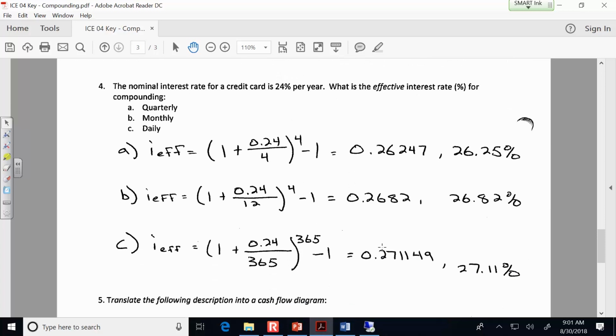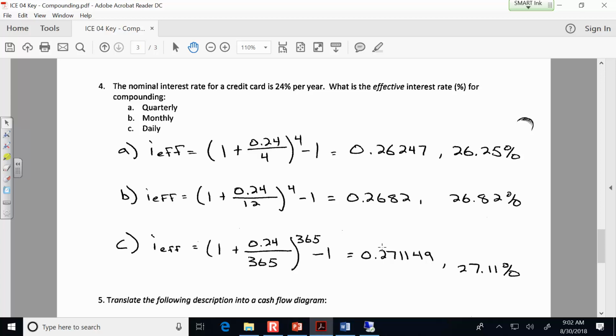All right, so if we've got 24% per year, and that's maybe a typical credit card rate that would be quoted. In fact, credit card rates are sometimes even higher than that. But what this shows is that if it's compounded quarterly, the effective is 26.25%, and the more frequently it's compounded, the higher that effective interest rate goes.